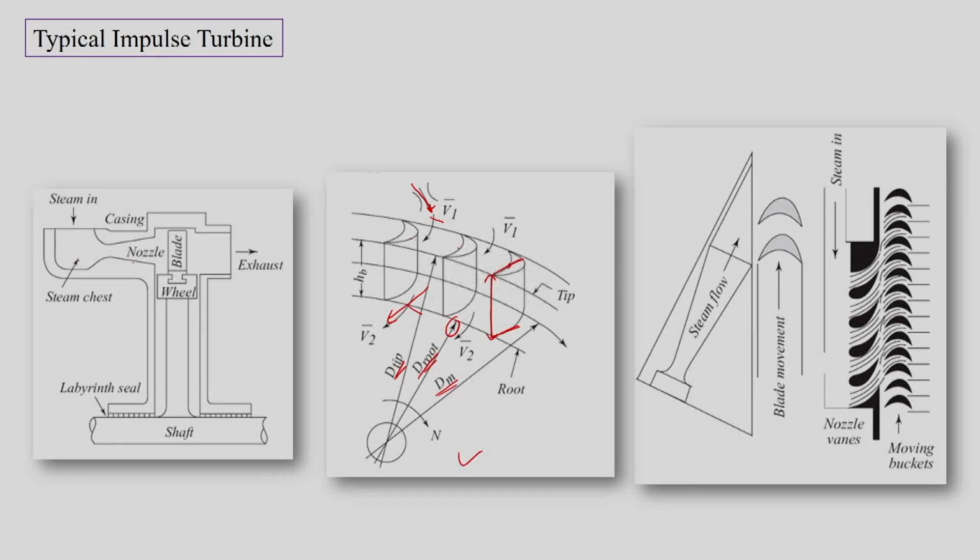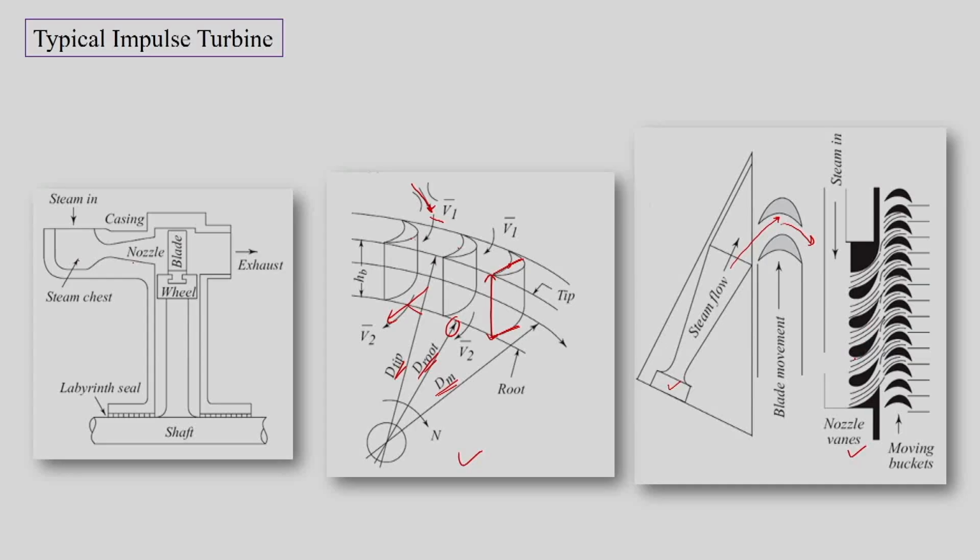Practically, as we have said earlier, we might have a round nozzle or we might have a foil nozzle. In the case of a round nozzle, the flow will go and hit the blades and get diverted, due to which the rotor blades will rotate.